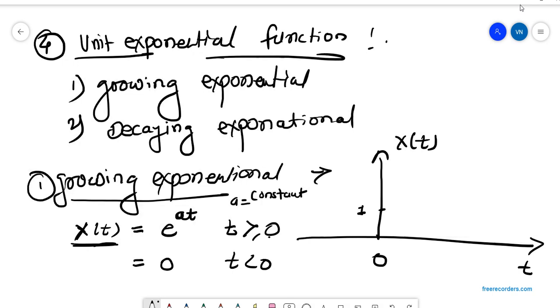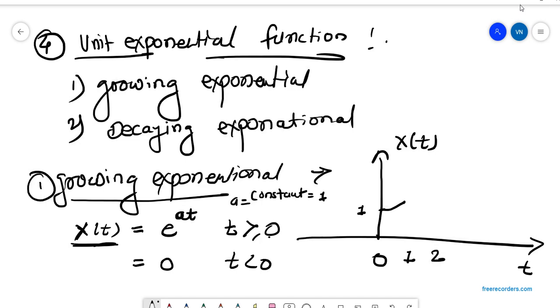Suppose I take a is equal to 1, so for e raised to 0, what is the value? 1. If I take 1, okay, in that case you will get it like this.